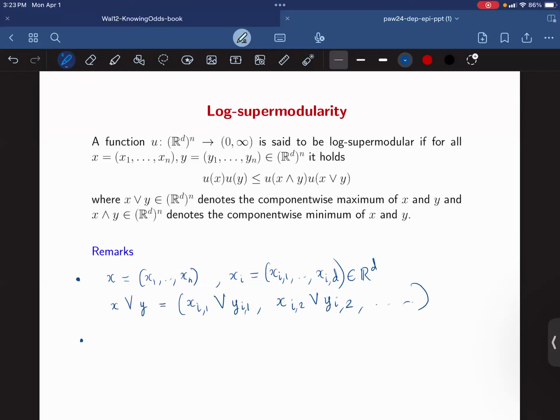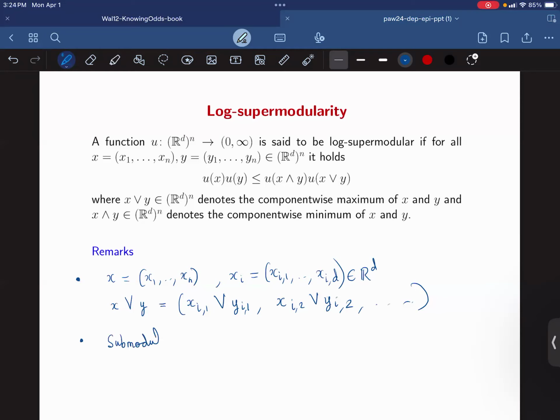And the second remark is that the reason it's called log supermodular is because if you take the logarithm, then it's a supermodular function. So what does supermodular mean? Or submodular, which is the opposite.